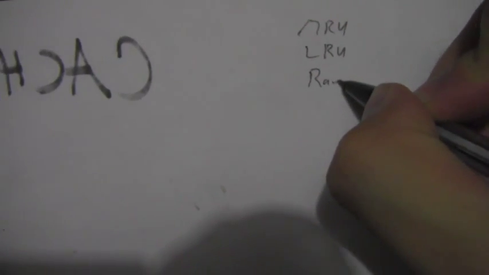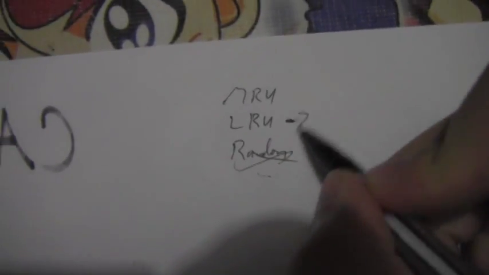Now, let's talk about cache replacement algorithms. There are three main ones: MRU, LRU, and random. Random means, well, replace randomly, so I won't really discuss that. It's pretty self-explanatory. LRU is basically the least recently used one. You replace that.